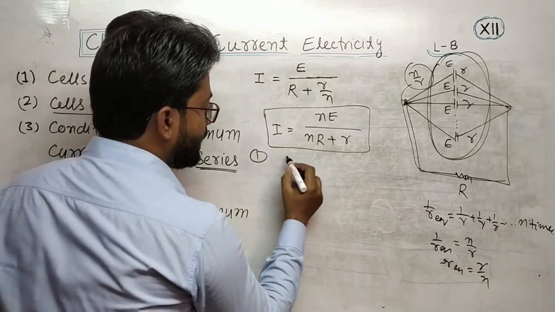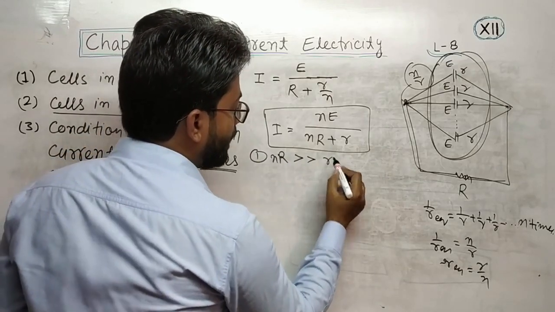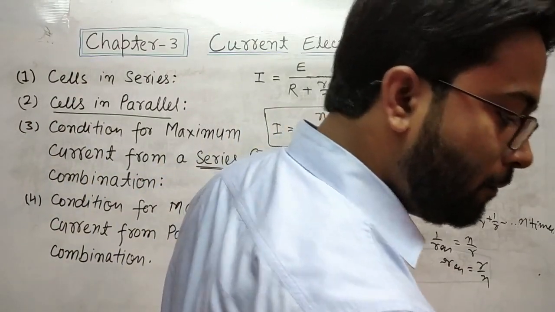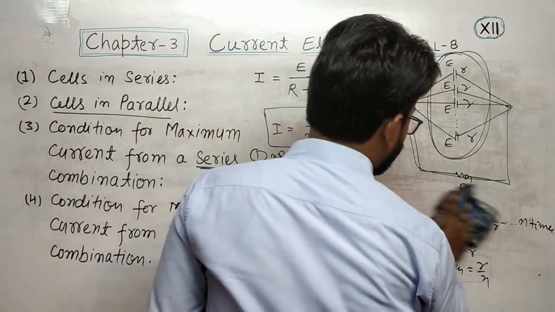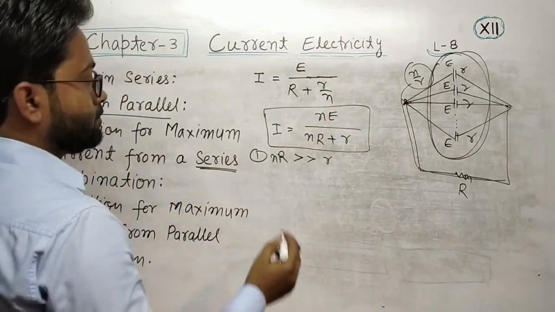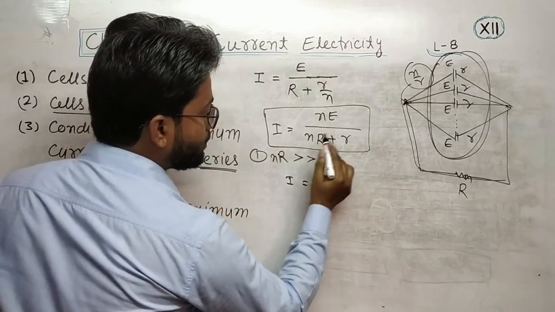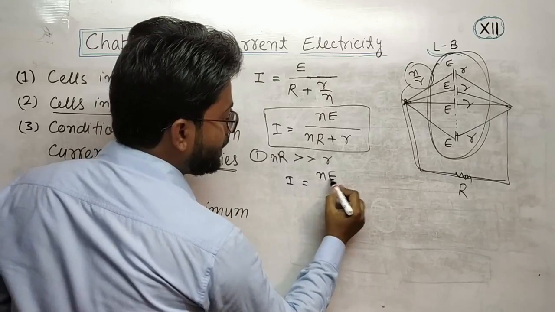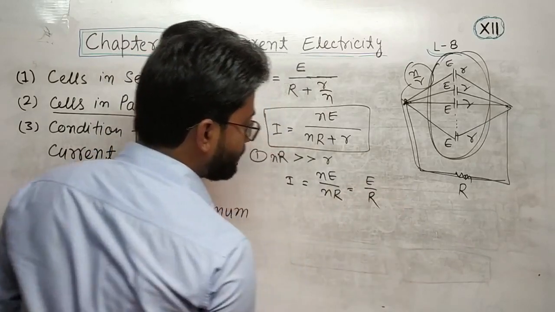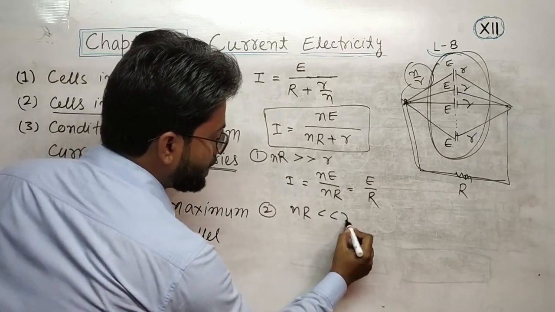In this, we take nR very much greater than r. What will happen? Then r is negligible, and I will be equal to nE upon nR, which means E upon R. In the second point, nR is very much less than r.